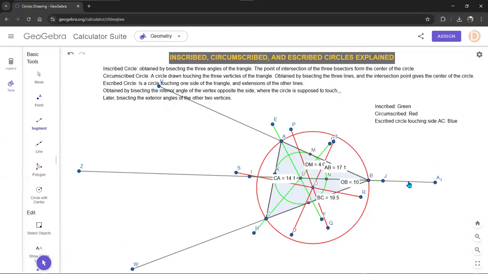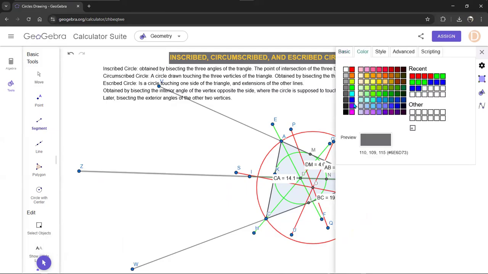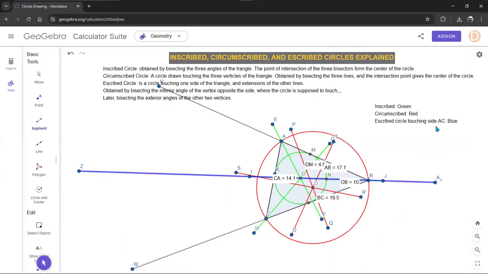Before I proceed, I want this one to go step by step, so we need the color to be blue. Let's use the dark blue, or the blue. I'm not sure of the color, but it looks like blue. So we have the first bisector of the interior angle.